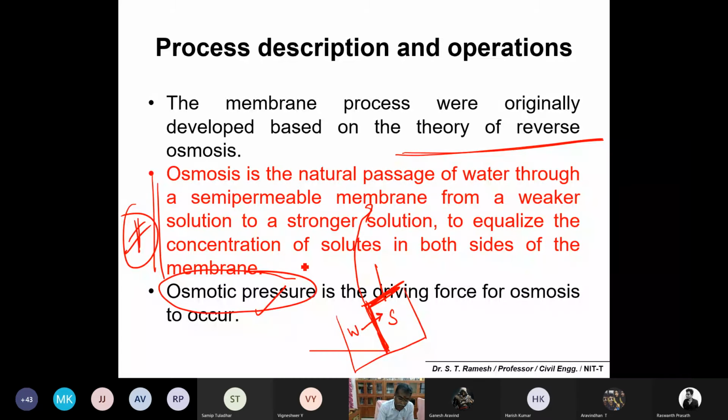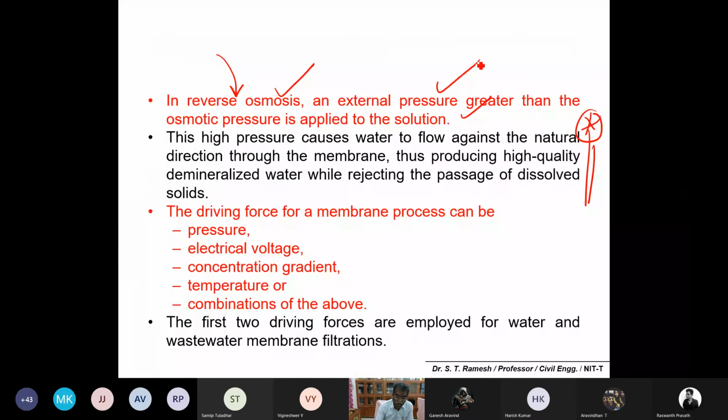That driving force is called osmotic pressure. But in reverse osmosis, you apply external pressure greater than the osmotic pressure to a solution, thereby water and solute separation will take place. One side you get clear water, the other side you have a reject of dissolved solids.